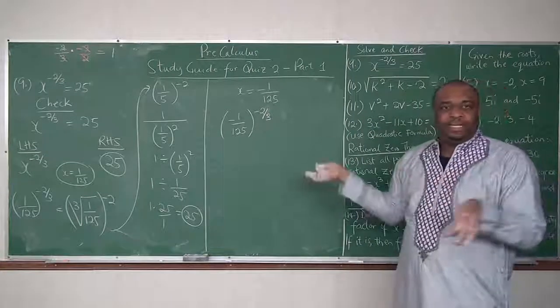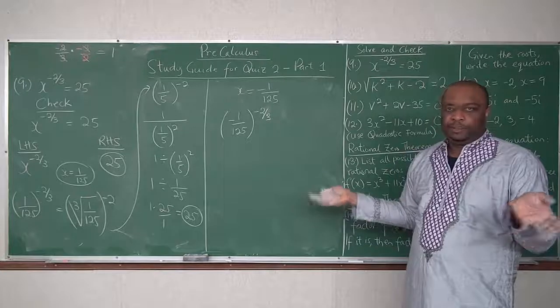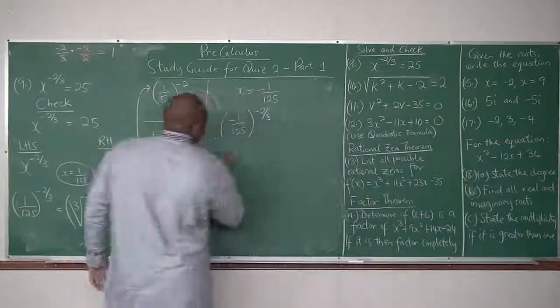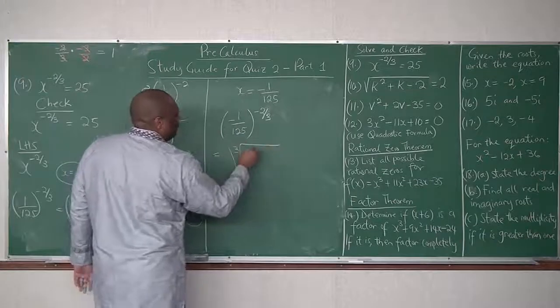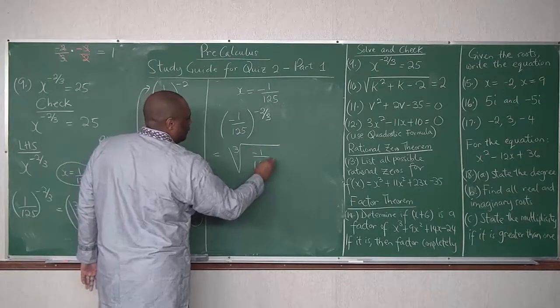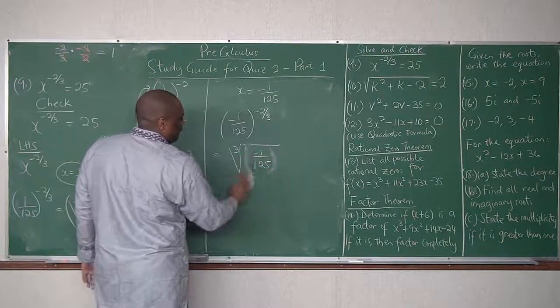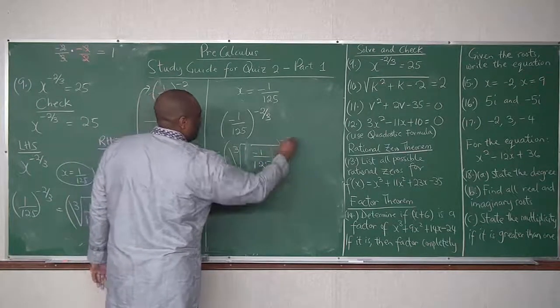And you know, you can put this in your calculator. So this will be the cube root of negative 1 over 125, all raised to power negative 2.